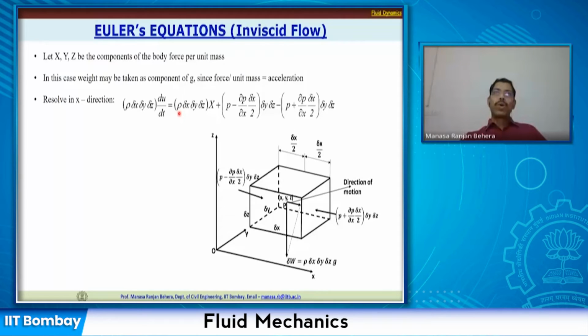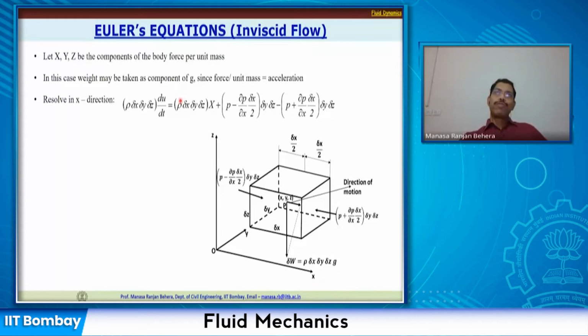What is the force? We know already there is a body force. So body force is basically the mass and the weight, basically unit weight of that. So it is, let us say, delta x delta y delta z, the volume, multiplied by rho into g, or g in that direction, which is nothing but your unit weight of that mass, or of that fluid element.